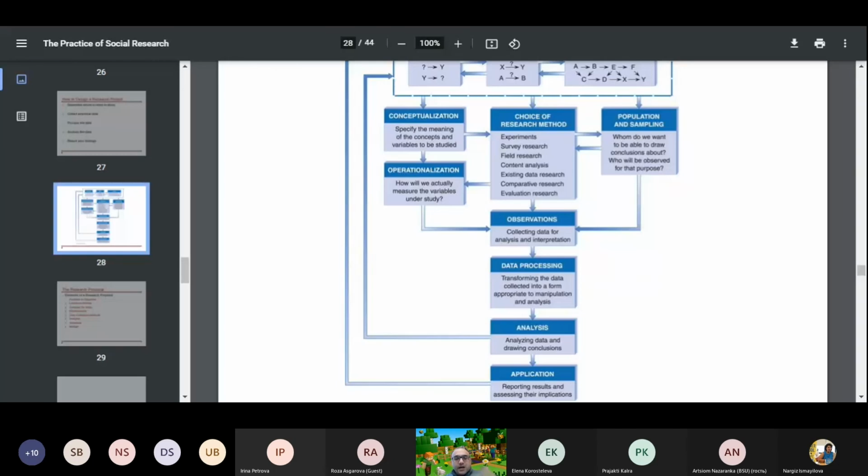So for example, in our case, if I'm interested in how fear affects vaccination in Azerbaijan, in your opinion, if I want to find out whether fear affects vaccination, what kind of methods would you use, guys? I'm posing this question to you. What kind of method would be the best to use, and why?